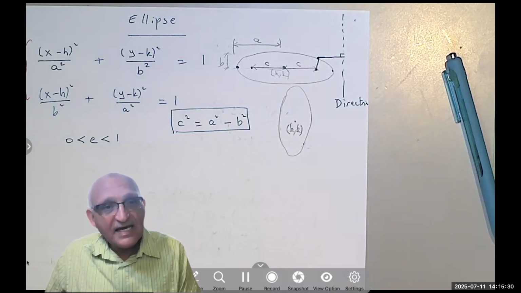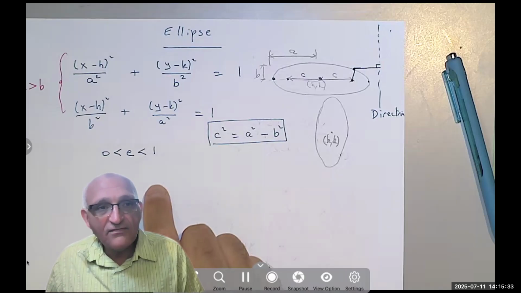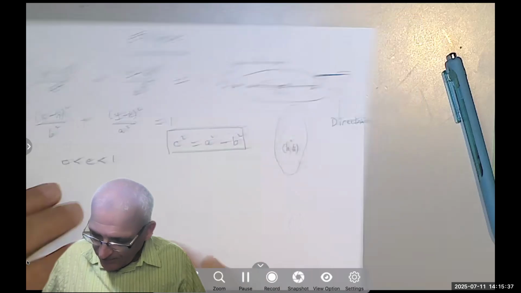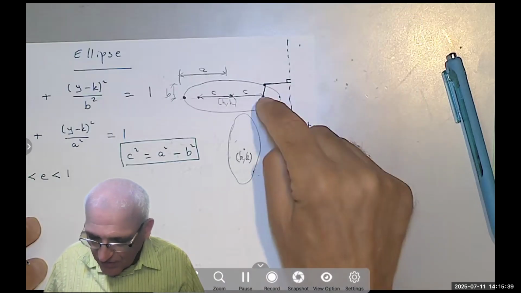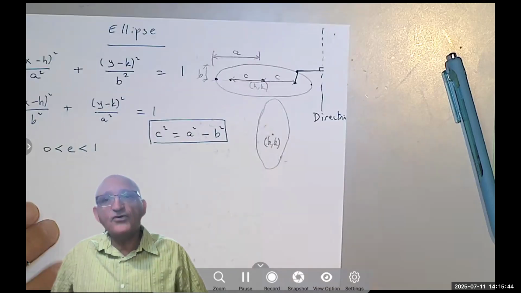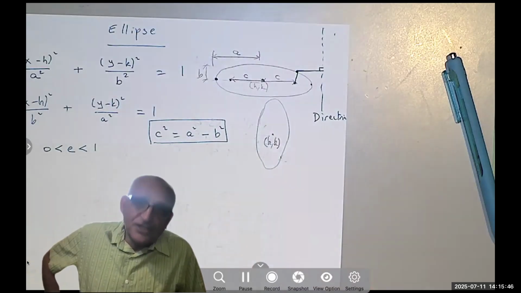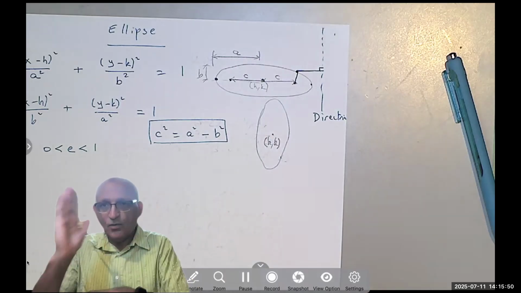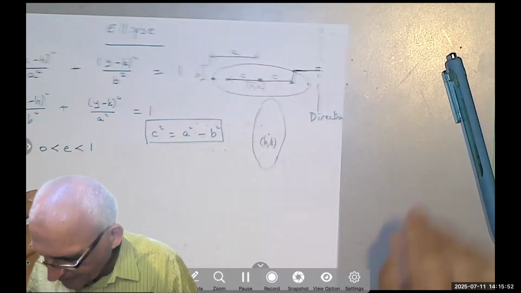Next time we'll see that the eccentricity of a parabola is exactly 1, meaning the distance from any point on the parabola to the focus is the same as that to the directrix, and for the hyperbola it would be greater than 1. So 0, between 0 and 1, 1, or more than 1.